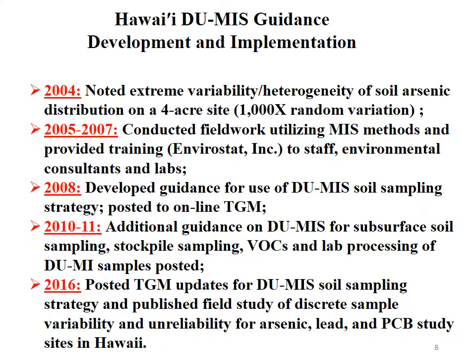The field sampling guidance is provided in Appendix A of that method. And of course, this is for sampling explosives on military ranges. So that was a significant document incorporating the same MIS sampling theory.